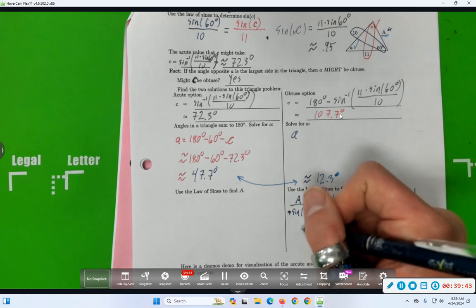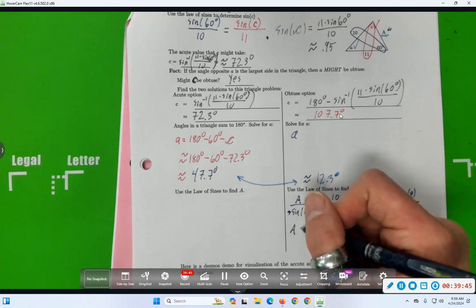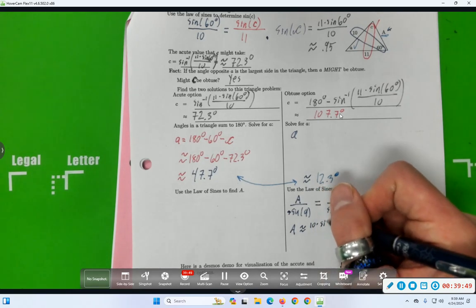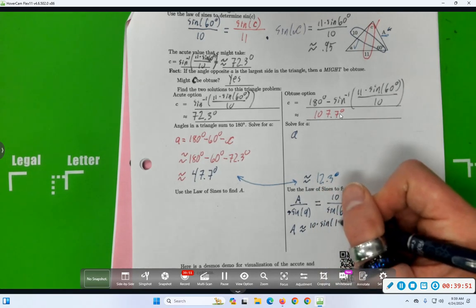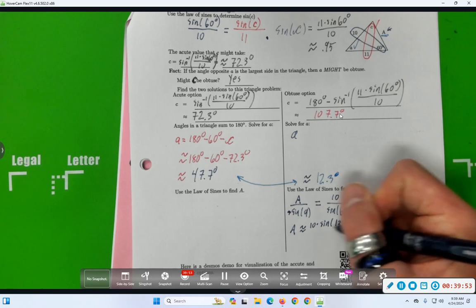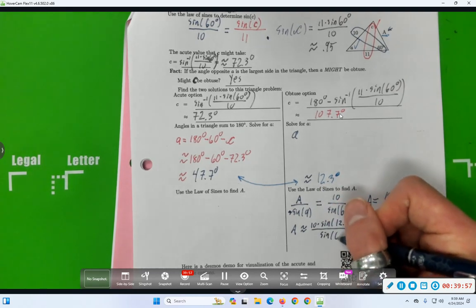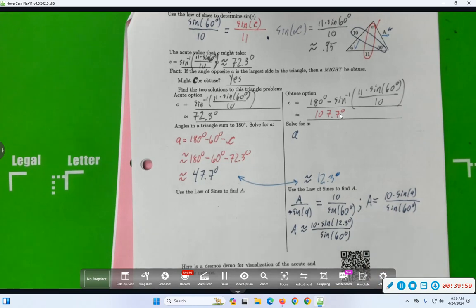And I have a decimal approximation for little a. A is approximately 10 times the sine of 12.3 degrees divided by sine of 60 degrees. Groovy. And we have calculators, so let's get a decimal approximation.